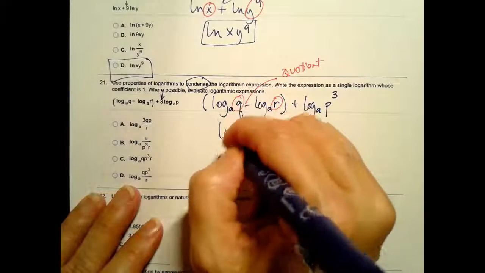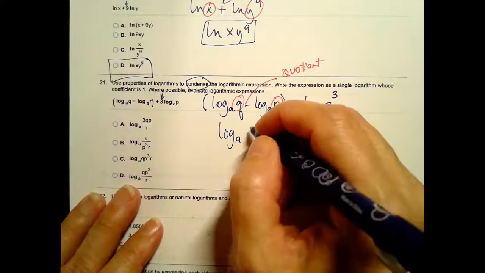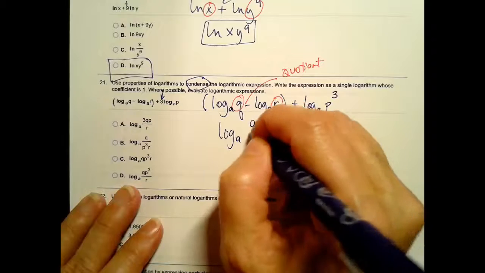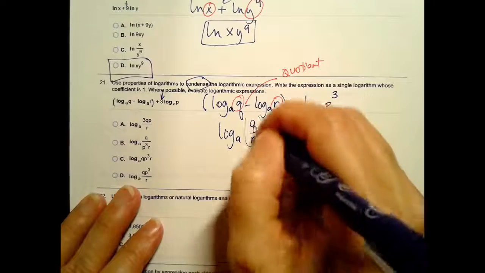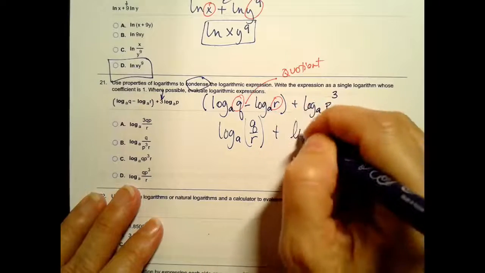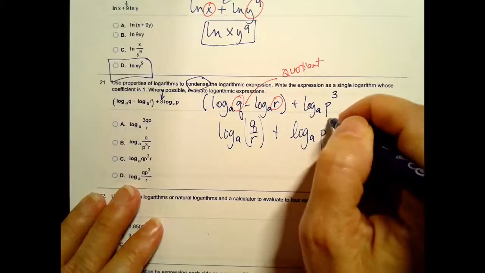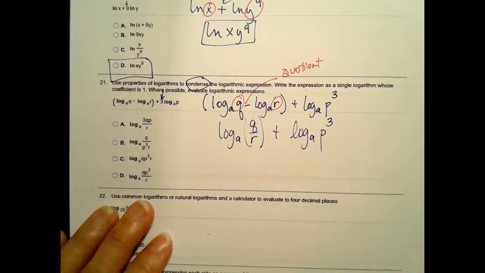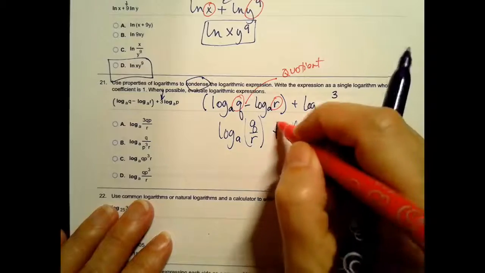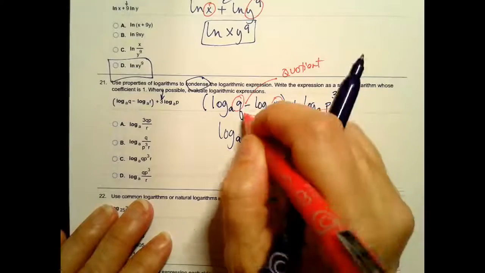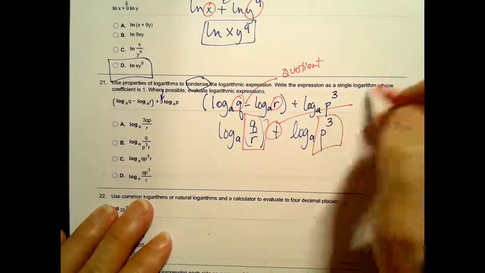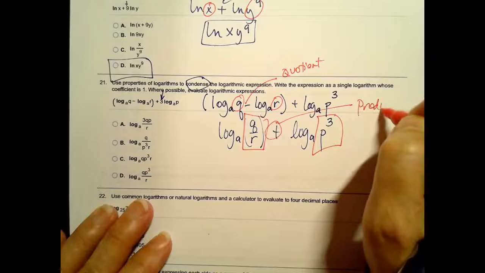So that's going to be log base A of Q over R, plus log base A of P to the third. Okay, so if this now is a plus, that means that these two things were multiplied together. This one was the product rule.